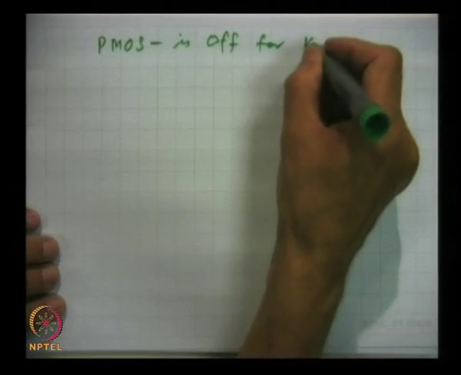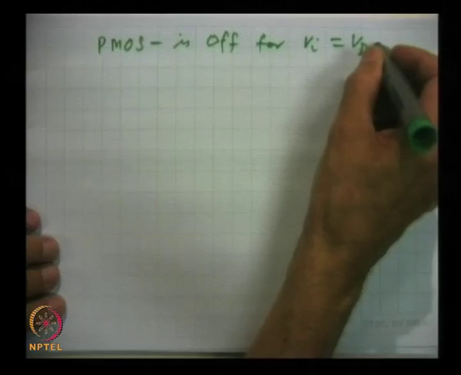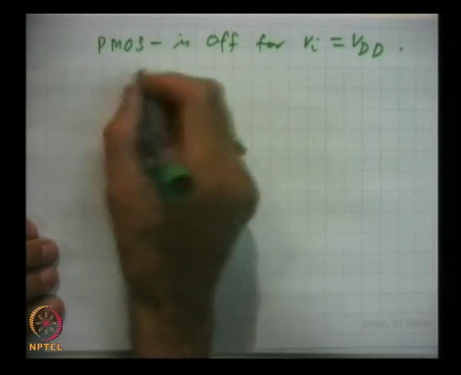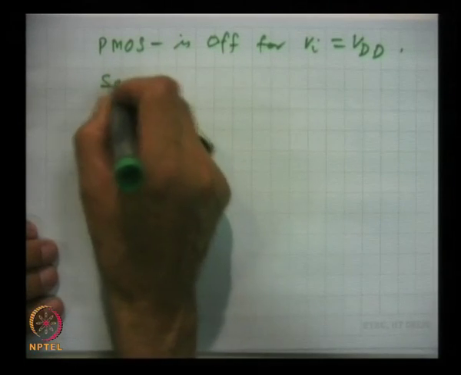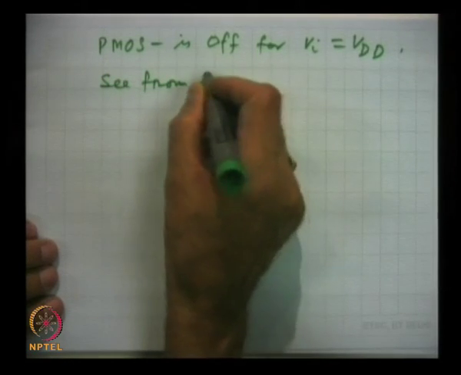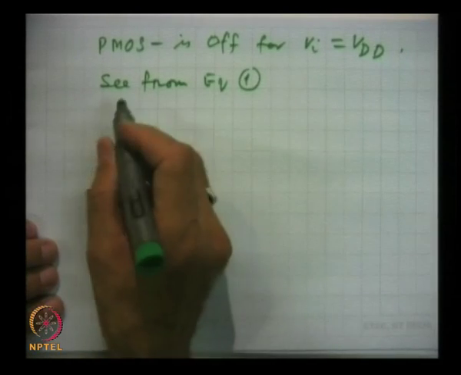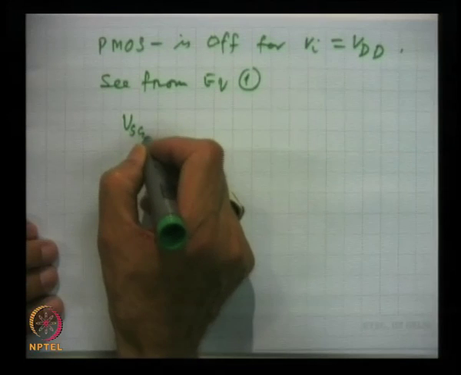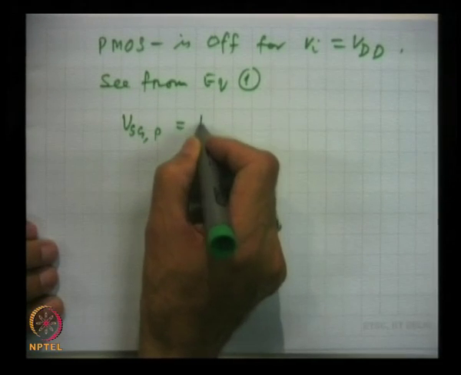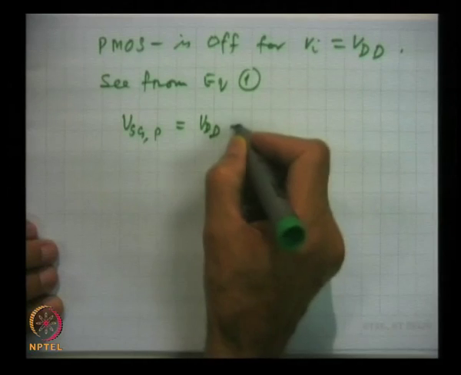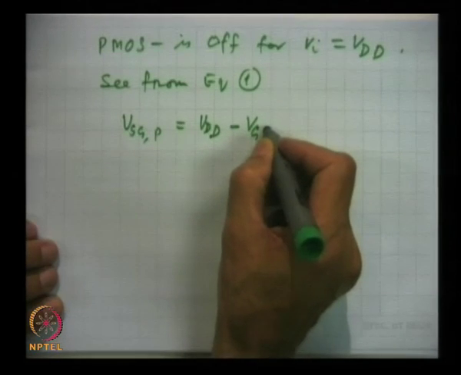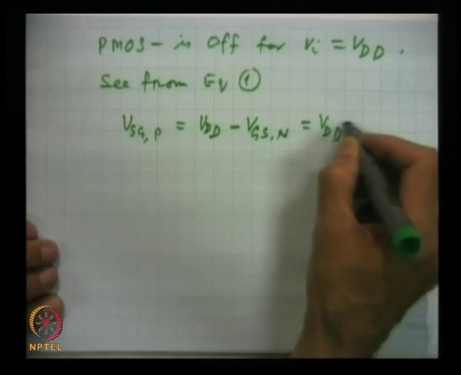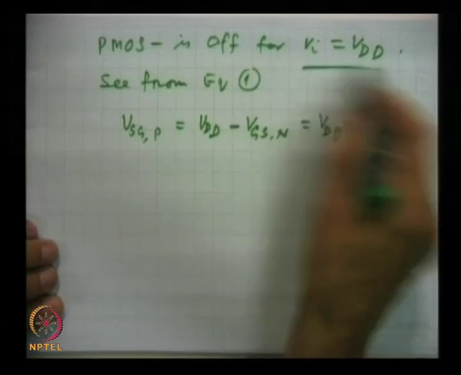for Vi equal to VDD, and this we can see from equation 1, which was VSGP, this is equal to VDD minus VGSN, and VGSN is Vi and Vi is VDD.